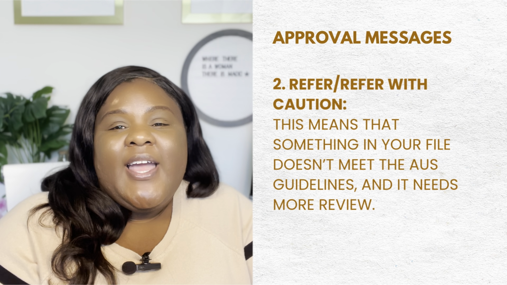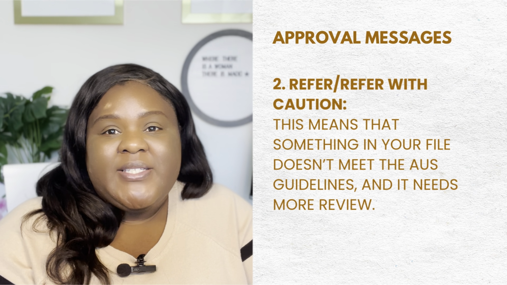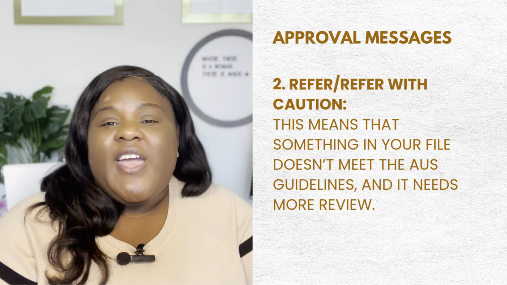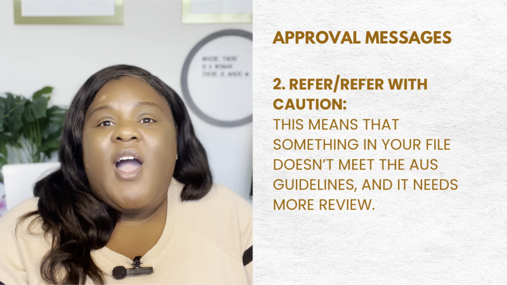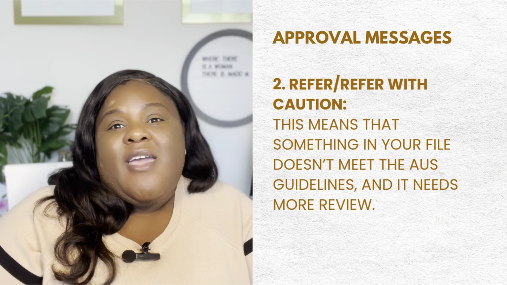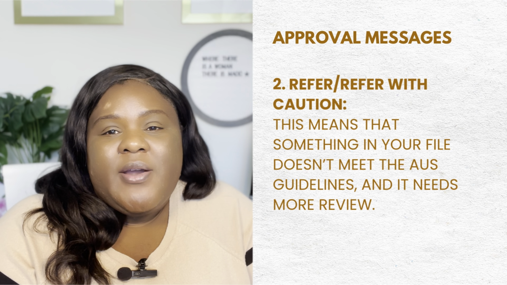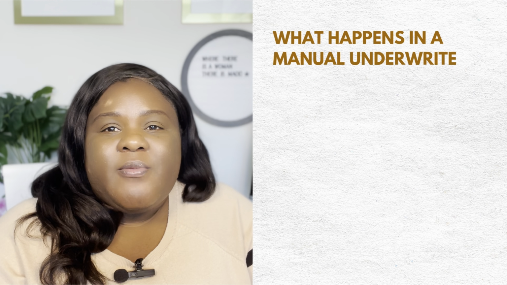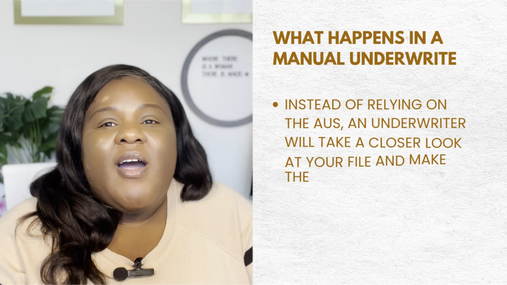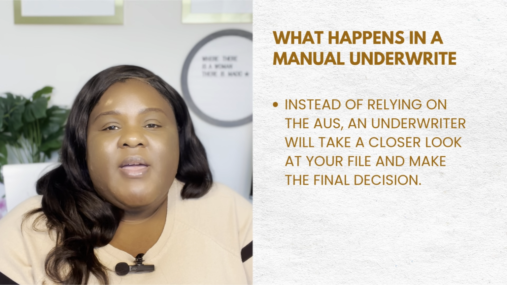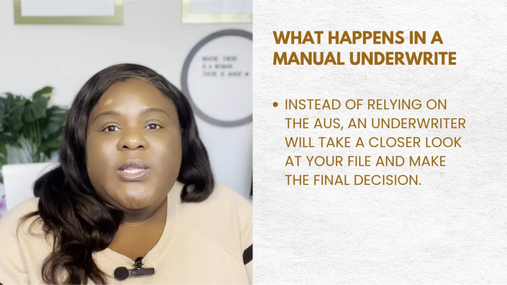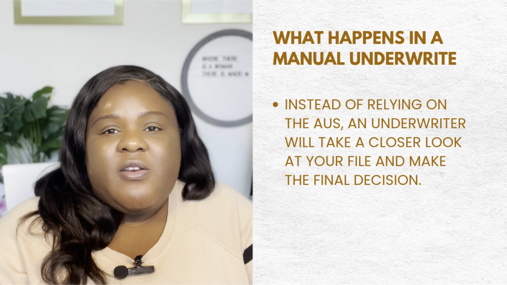So if you get an accept or approve message, you're good to go. But if you get a refer or refer with caution, it means that your file will need a manual underwrite. Manual underwriting means that instead of relying on the automated underwriting system, an underwriter will take a closer look at your file and make the final decision.